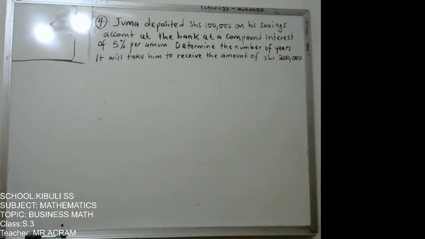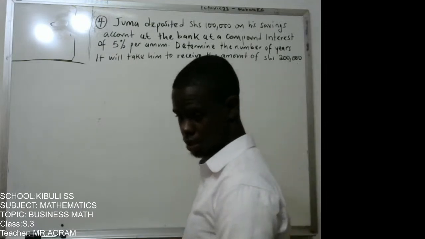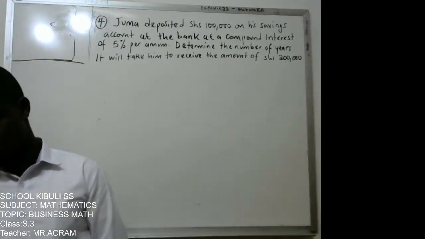Determine the number of years it will take him to receive the amount of shillings 200,000. Remember, Juma deposited 100,000 on his savings account at a compound interest rate of 5% per annum. So here, I don't know whether we are together.